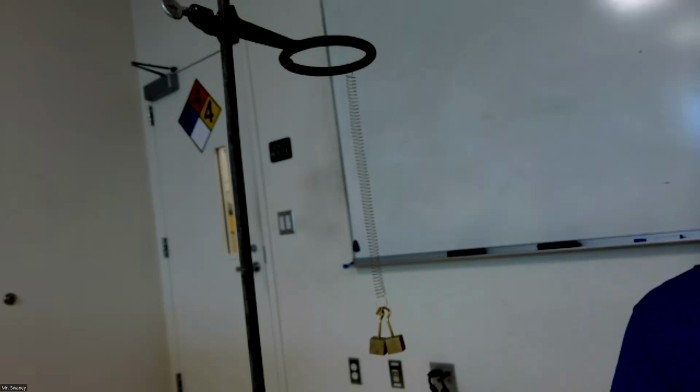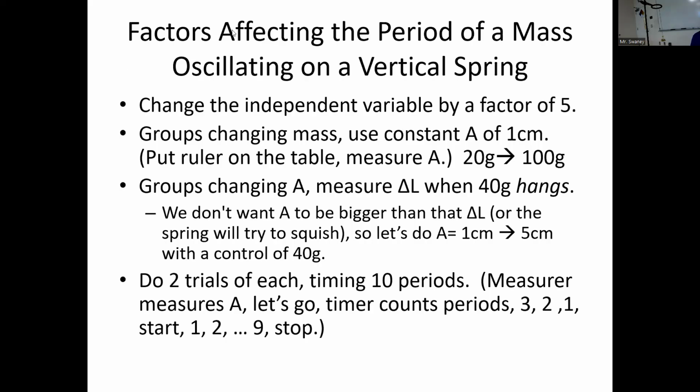So at the end of that, our goal again is to figure out the factors affecting the period of a mass oscillating on a vertical spring. Okay, so you're going to get 10 times here.